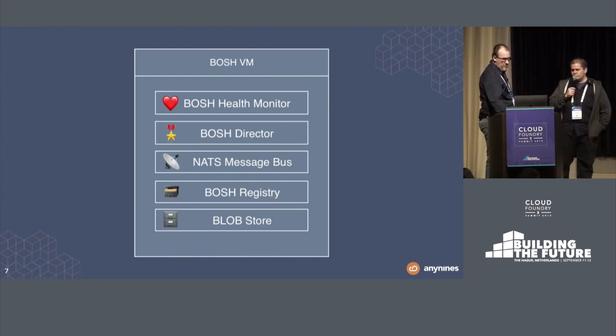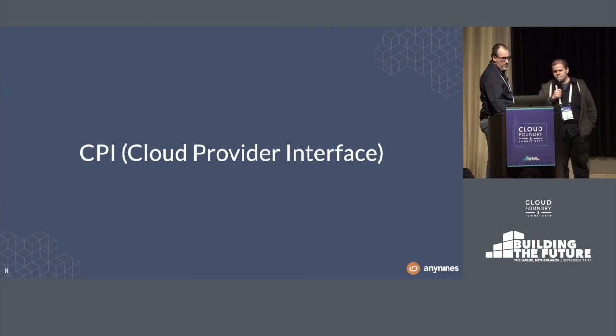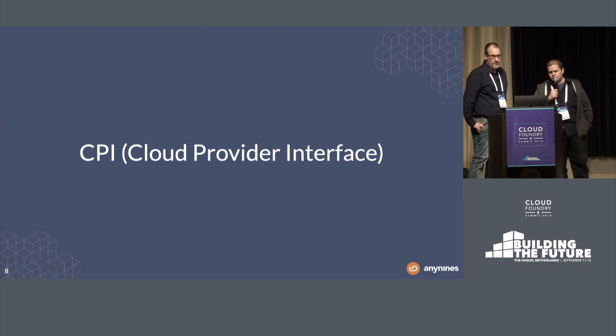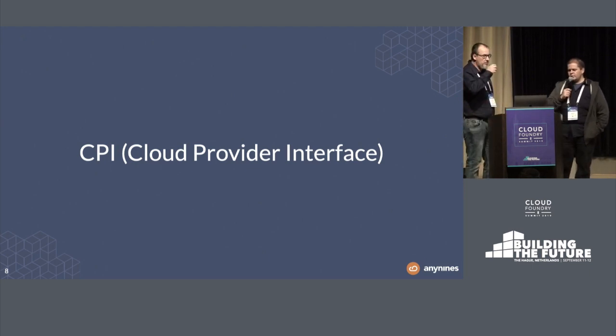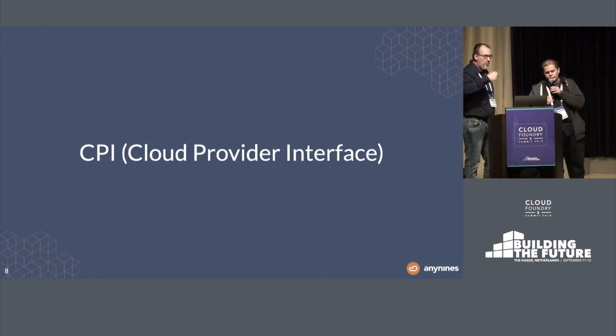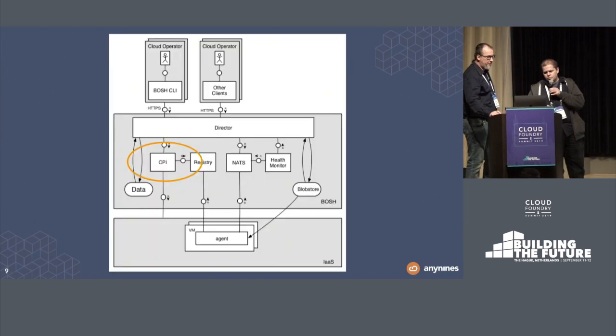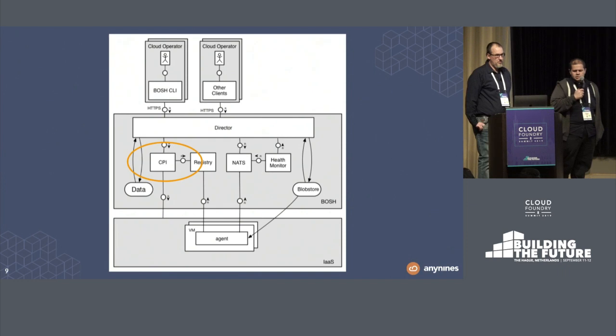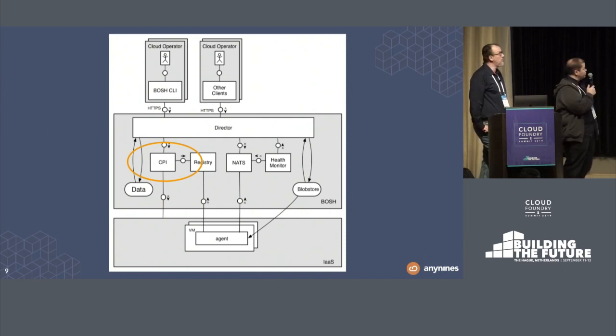Okay, so there are a few other terms we just introduced, and we are going to explain them in detail later on. But right now we are going to continue with the CPI, or Cloud Provider Interface. So in this image you can see the CPI as a core component of the BOSH environment. The BOSH CLI, that cloud operator on top of the image, represents obviously the human being.